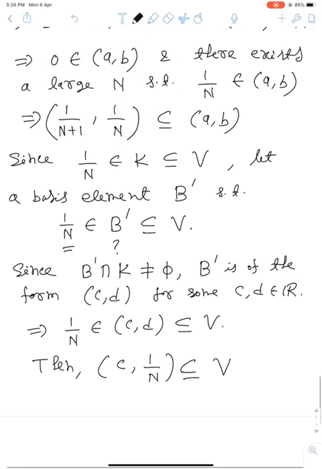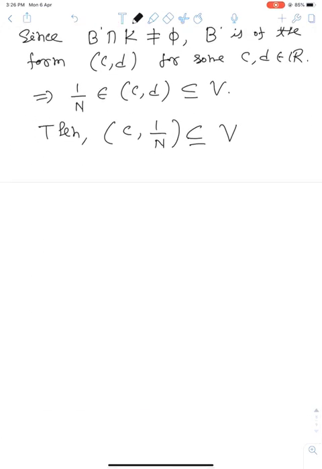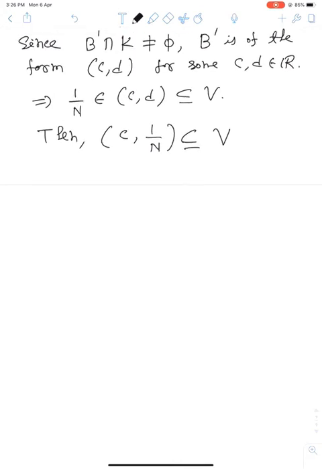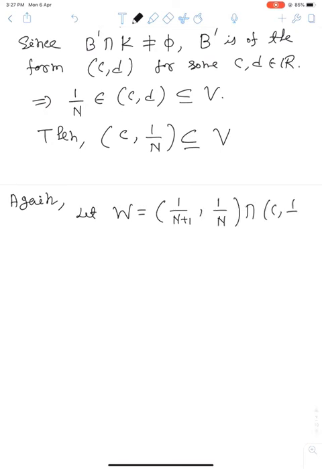Now we get this is a subset of AB, a subset of U, and this is a subset of V. Again, let W be equal to 1 by n plus 1 comma 1 by n intersection C comma 1 by n.